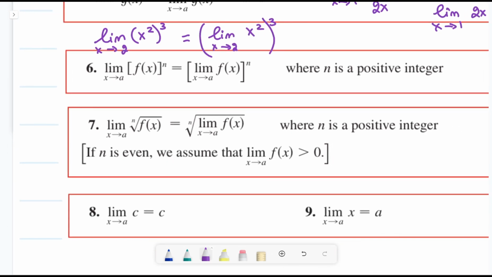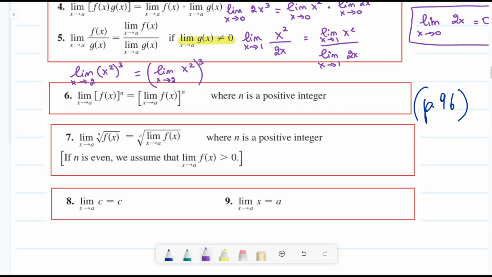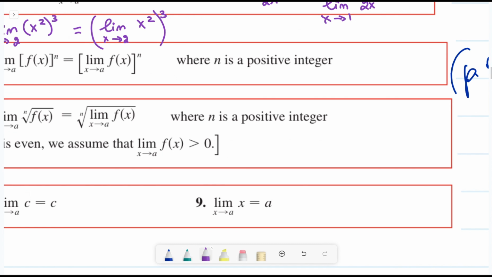Now let's move on to property 7. The limit of the nth root of f of x as x approaches a is the nth root of the limit of f of x as x approaches a. So we can take the root outside. An example might be the limit of the square root of x squared plus 5 as x approaches 2, which is equal to the square root of the limit of x squared plus 5 as x approaches 2.